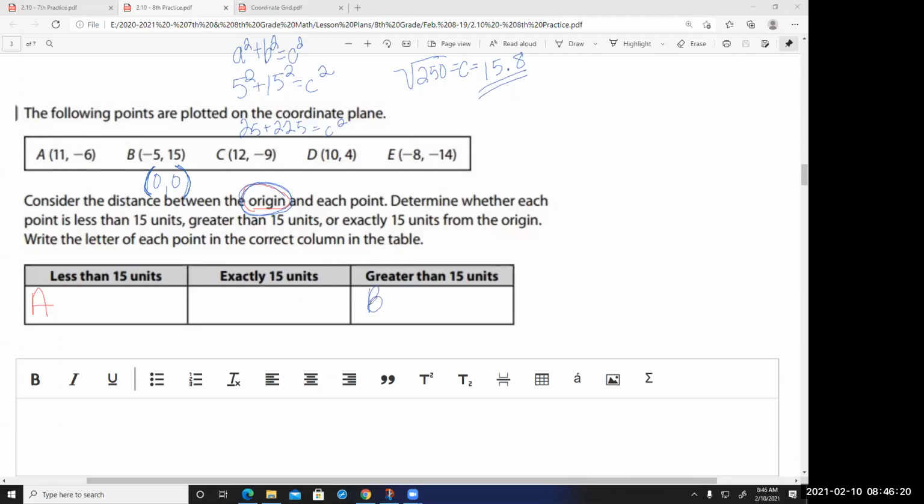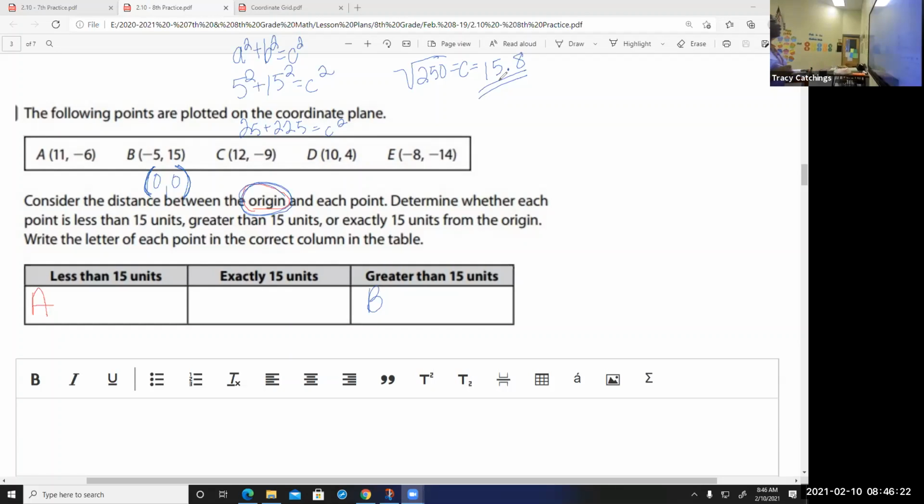All right, looking at C. What would be our X and our Y to give us that A and B? Great job.